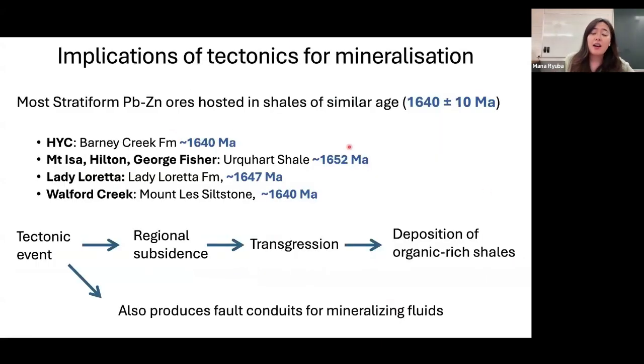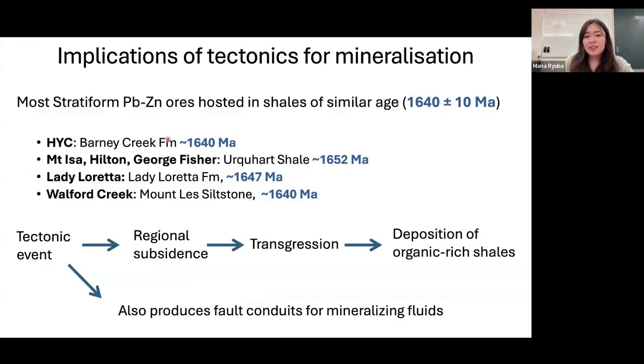And in addition to that, we know that the organic rich shales that host these stratiform lead zinc deposits are all of about a similar age, so around 1640 million years plus minus 10 million years. So there's a list of them. So HYC, Mount Isa, Lady Loretta, Walford Creek.